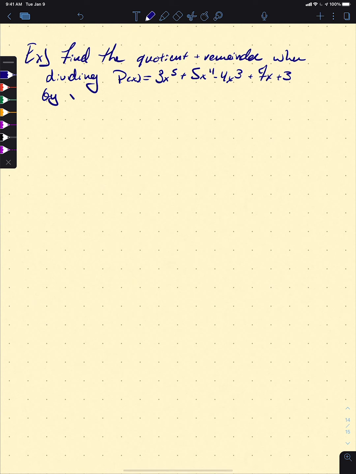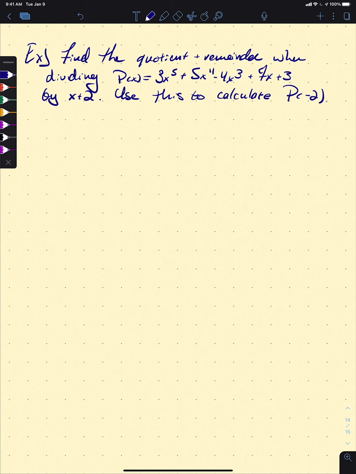Big long polynomial, we're going to divide that by x plus 2, and then use this to calculate p of negative 2.